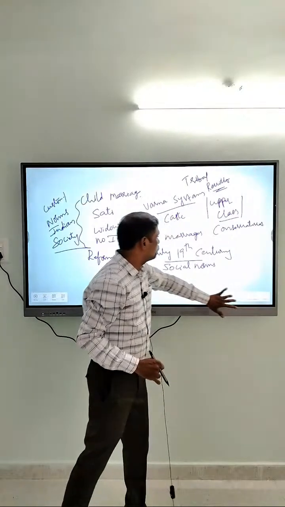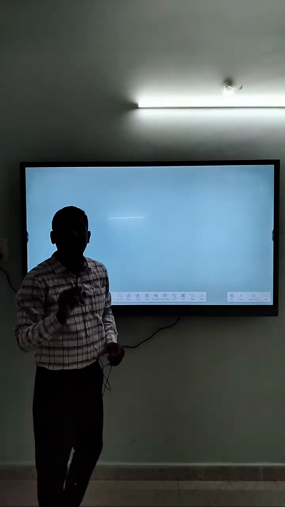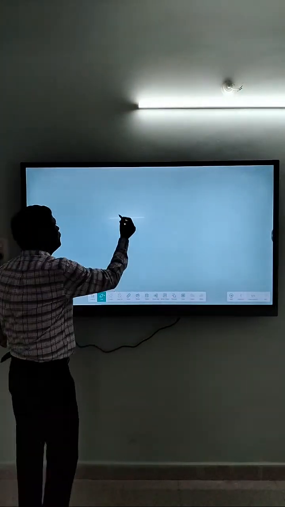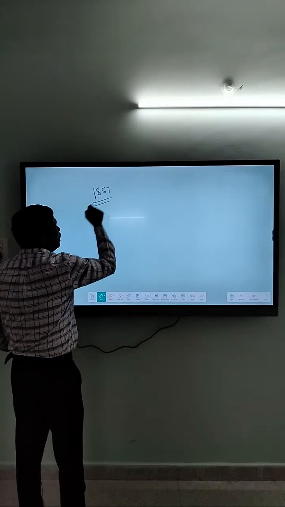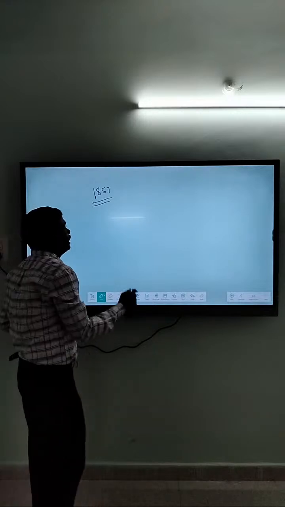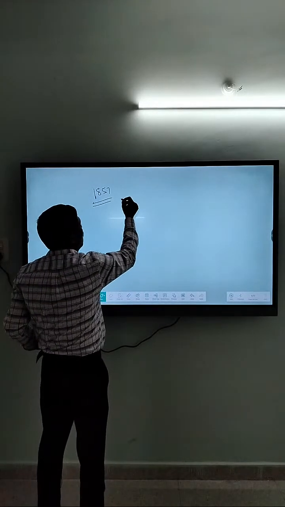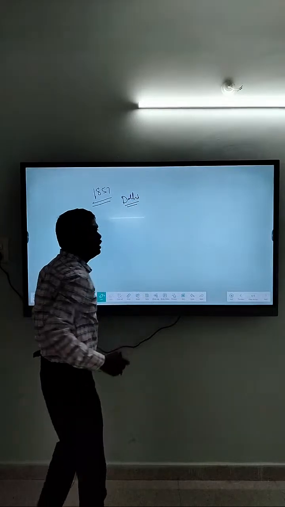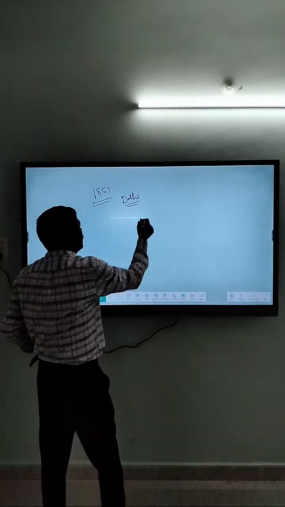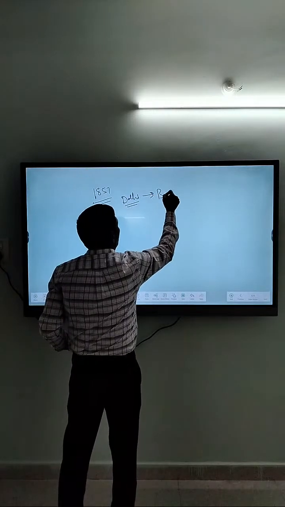Now let me explain the centers of this revolt. If you take the 1857 revolt, it was mainly organized in Delhi. In Delhi, it was organized by Bakht Khan.